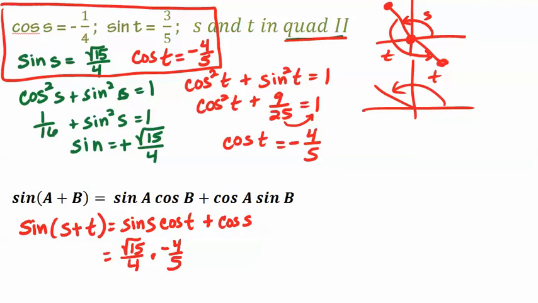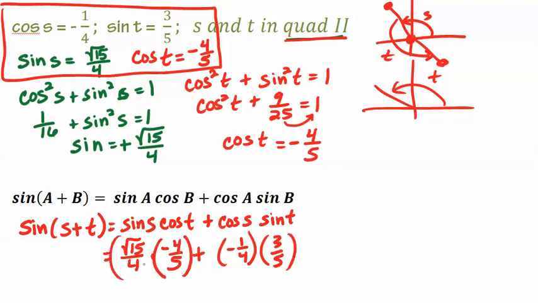The cosine of S is negative 1/4 times the sine of our second angle, and the sine of angle T is 3/5. So let me use the parentheses here as an easier notation.